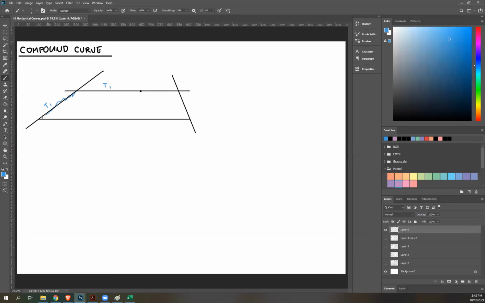So kind of roughly estimate the same length on each side for the T1. And then the remaining side, that's your T2. T2, T2. And then this is your long chord.